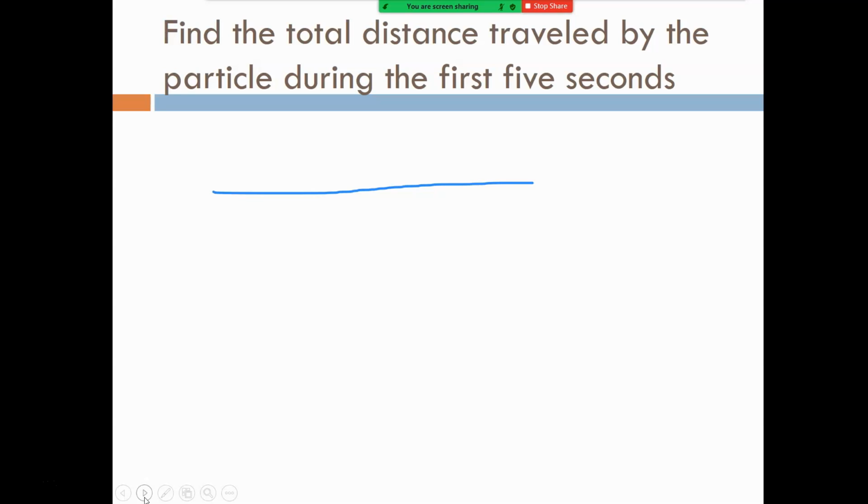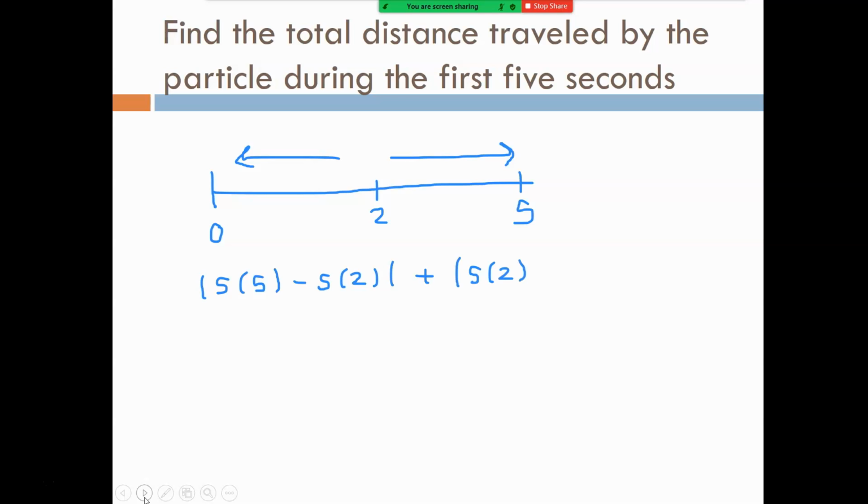Since from 0 to 2 the particle is going backwards, and from 2 to 5 it is moving forwards, to find the total distance traveled, we need to find the distance traveled from S of 5 to S of 2 and add to it the absolute value of the distance traveled from 2 to 0.